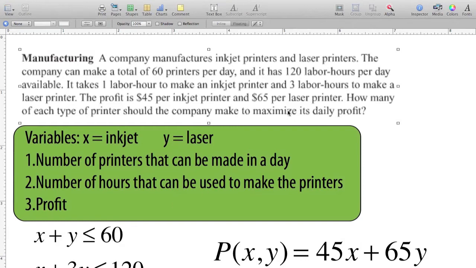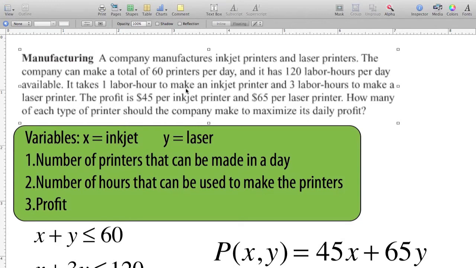The second thing is about hours, number of hours each day. How many hours can we distribute between the two different printers? Well, it gives a description for hours, another description for hours, and a third. We're going to make an equation that pulls together all three numbers for hours.